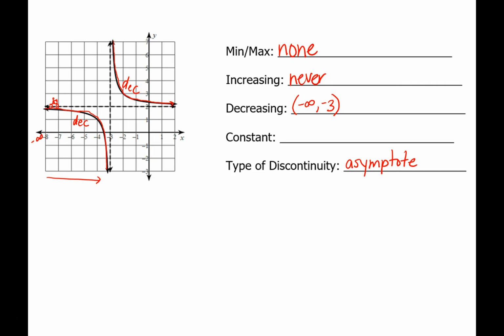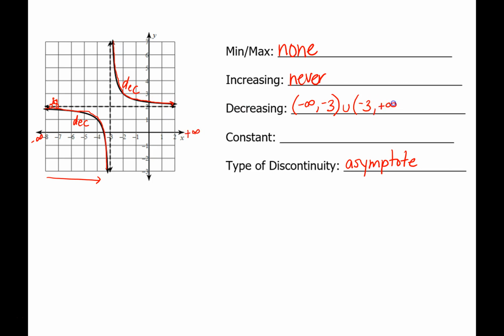The decreasing for the right-hand branch here starts when you get to the other side of the asymptote. So I'm going to draw U for union, meaning that both of these are the decreasing intervals. I'm going to start it at the -3 because that's the left side of this one, not touching it. And it goes downhill infinitely to the right, which is our positive infinity.